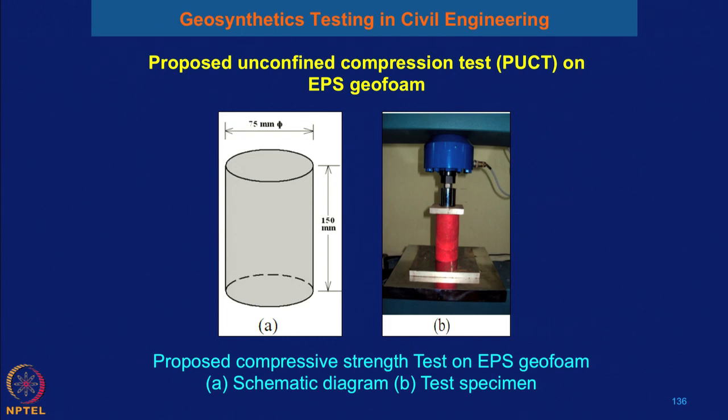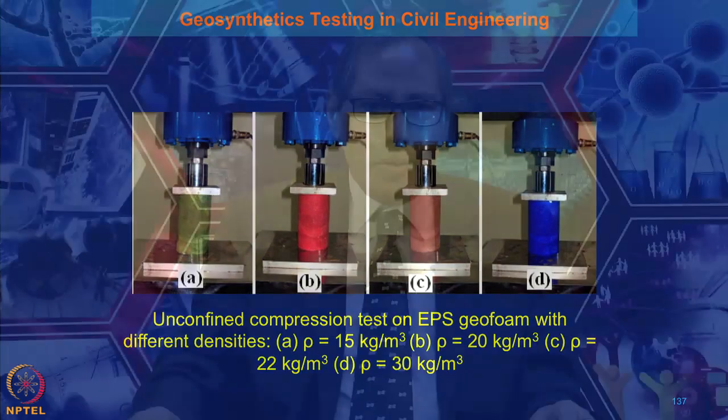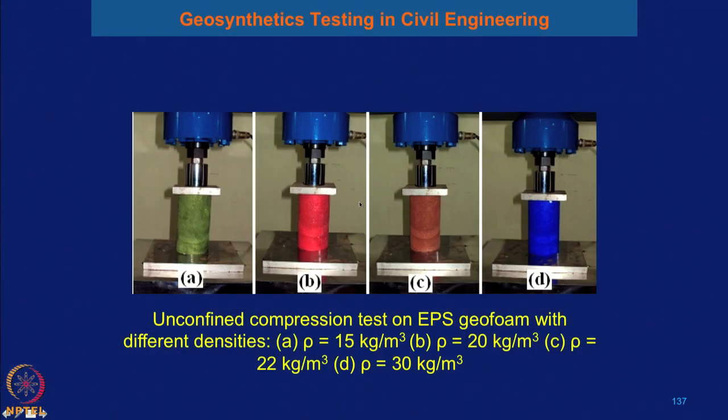the EPS geofoam material. In this slide, because we have used different densities of the geofoam material, they are shown with different colors. You can see this A sample, that means EPS material whose density is about 15 kg per meter cube.